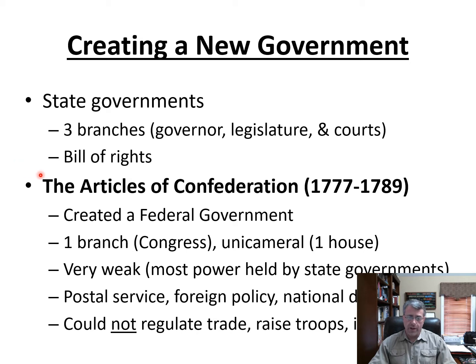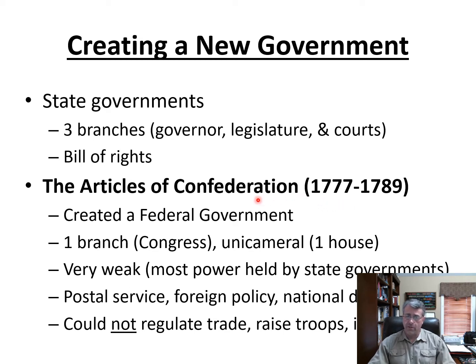In so doing, they drafted the Articles of Confederation, and this was basically our first form of federal government here in the United States. This is in 1777, within the first year of the war. Congress drafts these Articles of Confederation, and this is basically an outline of how Congress will function as a federal government until such time as it is revised.